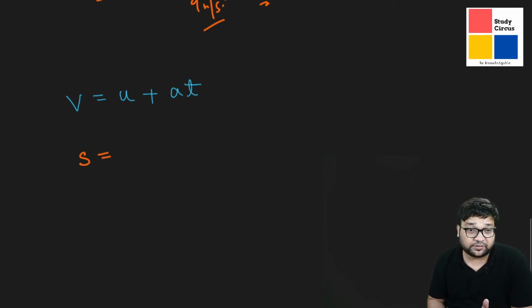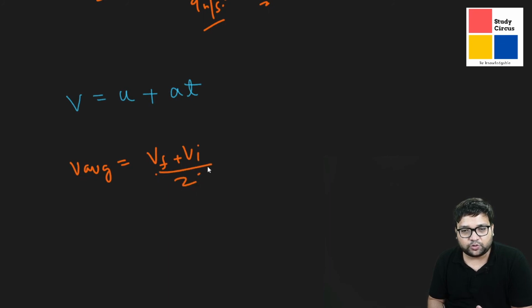The average speed for uniformly accelerated motion, what is it? V average is taken as V final plus V initial upon 2. V initial we have taken as u, V final we say simply v. So this is v plus u upon 2. This is the first equation of motion.